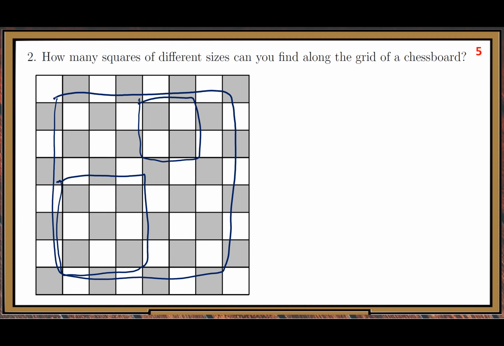So think about what method or what property you need to use here, okay? Think about different sizes, how to handle the squares of different sizes.